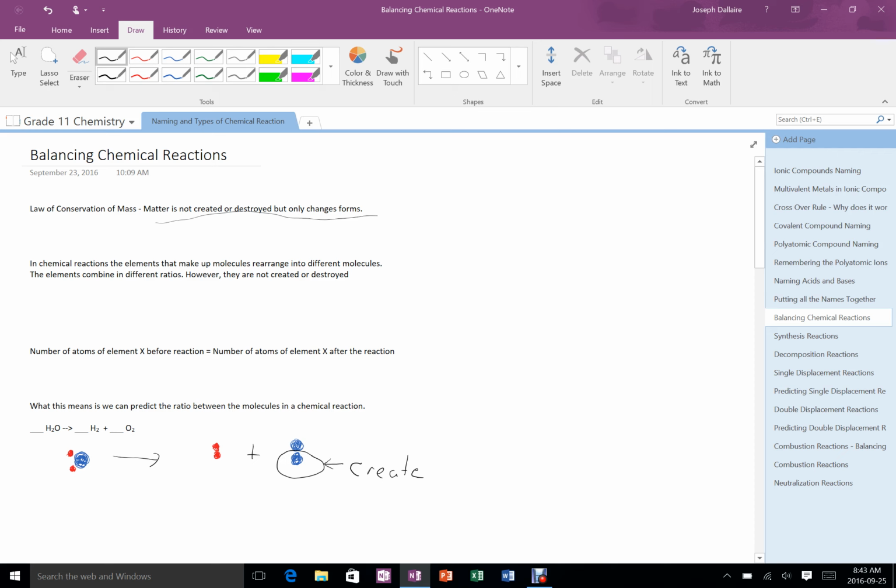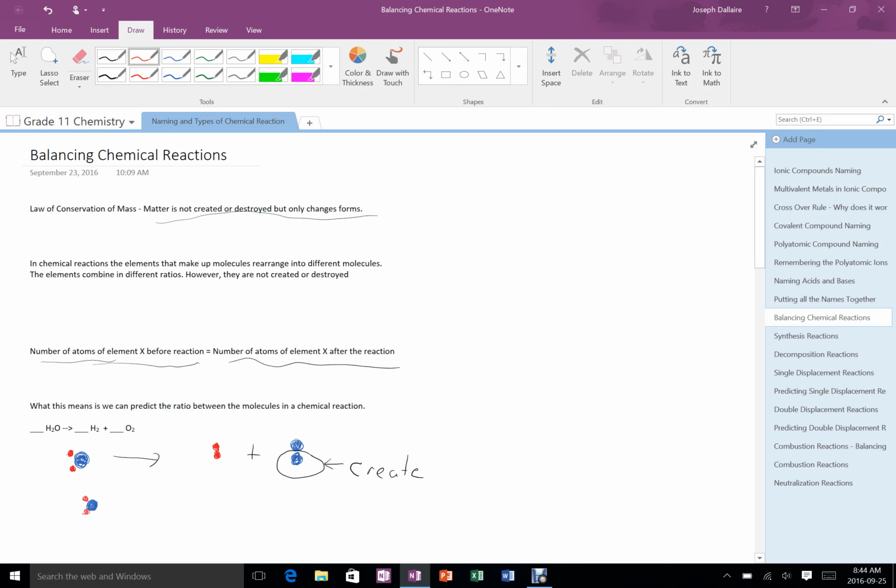What that means then is that the number of oxygen atoms before the reaction should be the same as the number of oxygen atoms after the reaction, and that's not the case here, so we need to do something to fix that. Looking at this, if I need two oxygens to form the diatomic oxygen after the chemical reaction, I must have had one more water over here to start with.